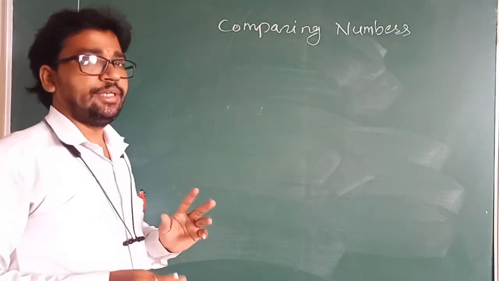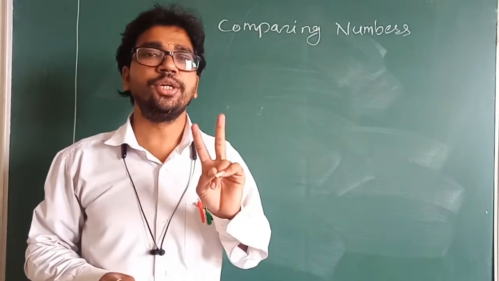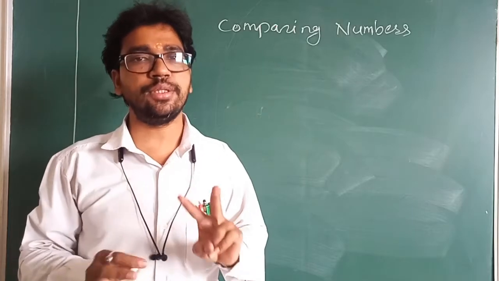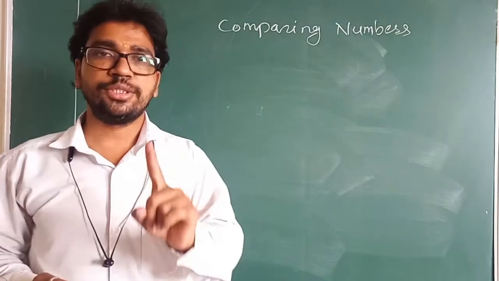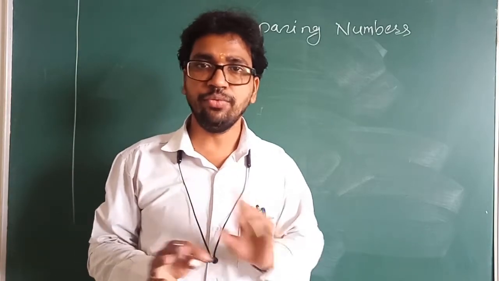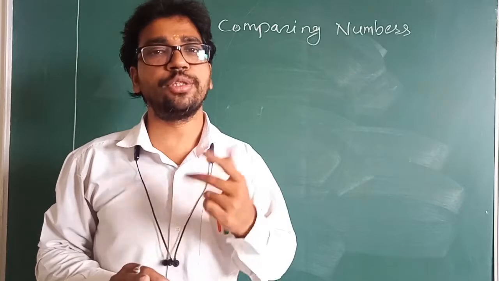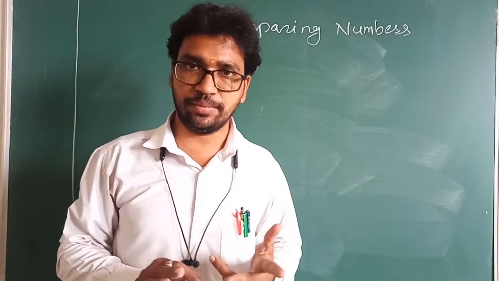To compare, we need a minimum of two numbers. We can't compare a single number. We need two or more numbers, then only we can compare them with each other.